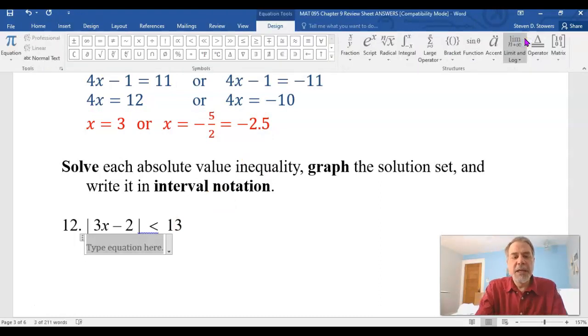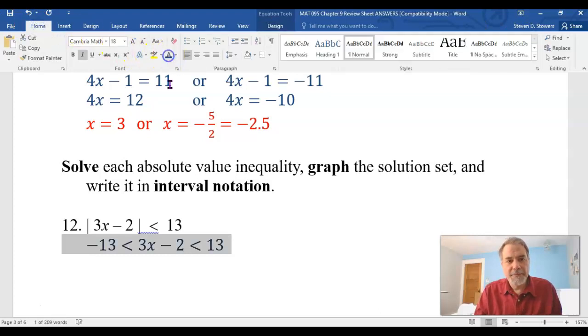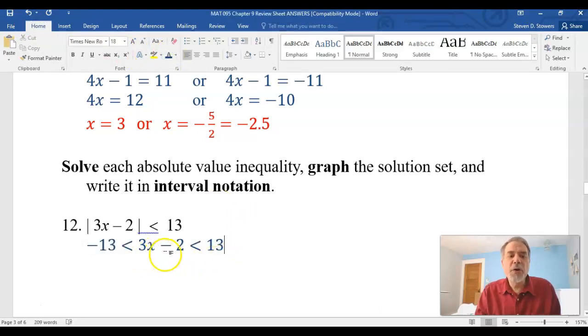So it would be negative 13 is less than 3x minus 2 is less than 13. Notice part of that looks exactly like what we started with, but without the absolute value bars. 3x minus 2 is less than 13. But then we've also got this negative 13, and 3x minus 2 is in the middle on the big side of negative 13.